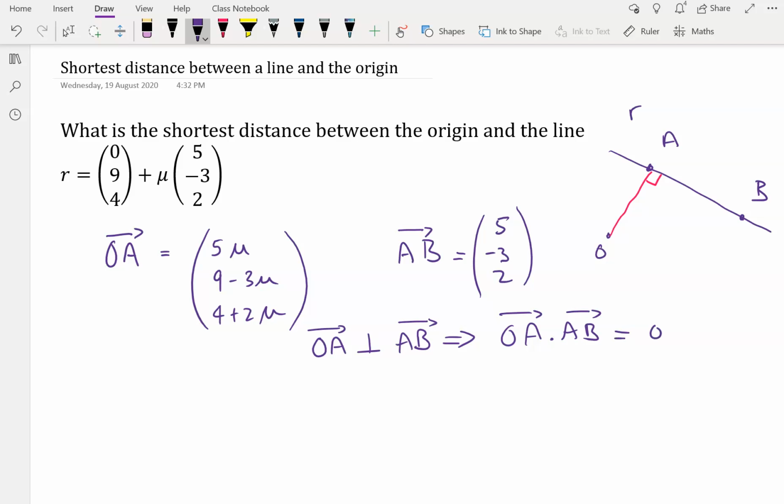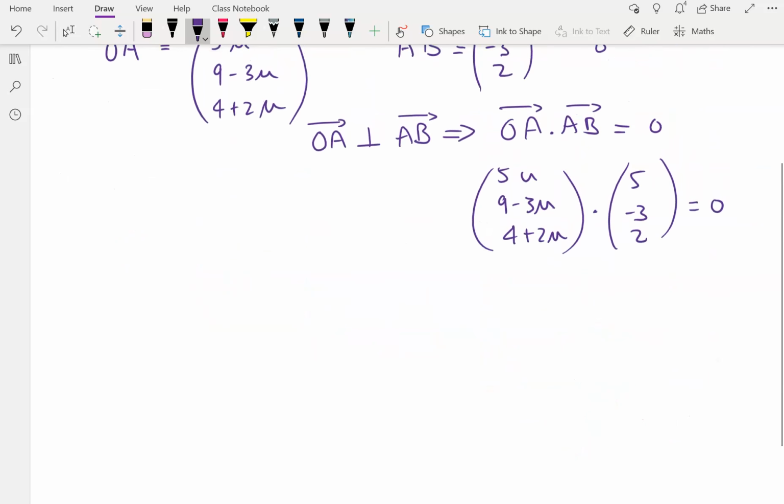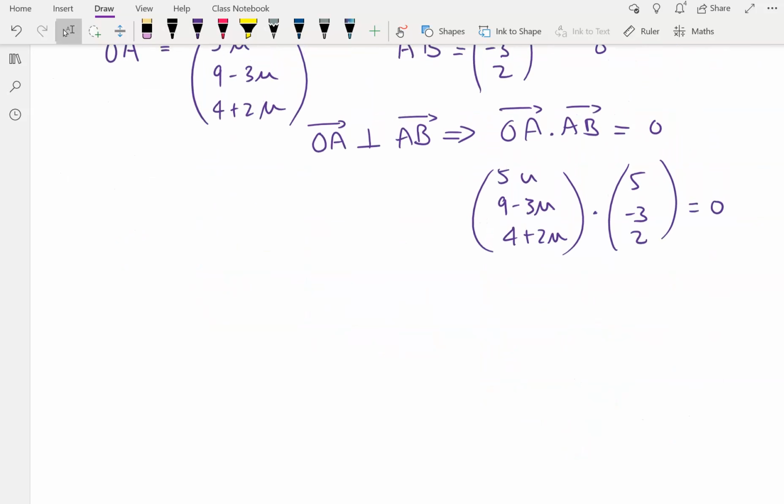that has to equal 0. So in other words, I can say (5 mu, 9 minus 3 mu, 4 plus 2 mu) dot producted with (5, -3, 2) has to come up at 0. So now it's just a case of being able to connect these together.